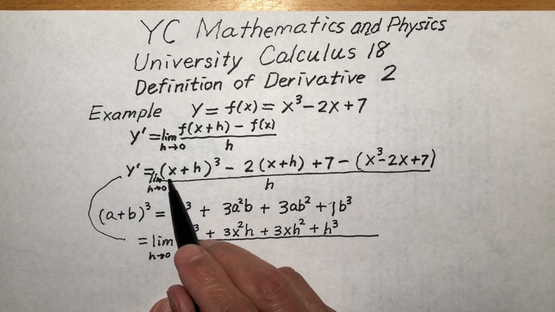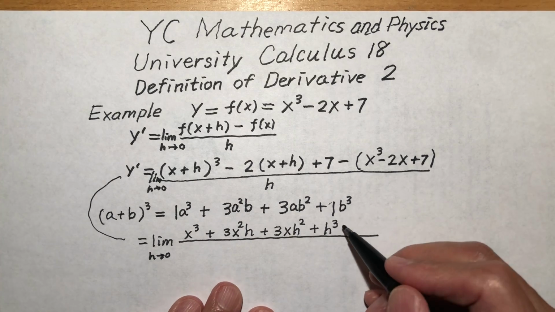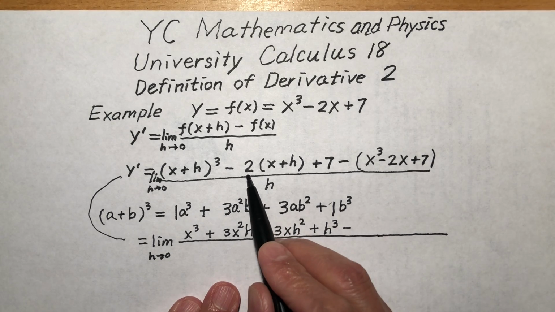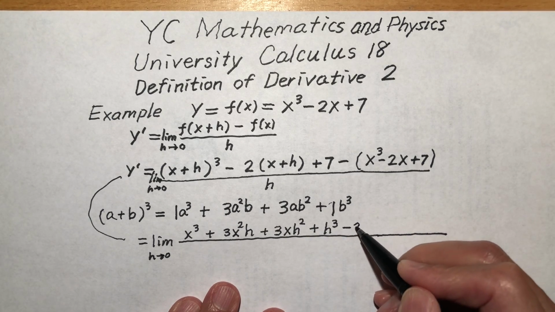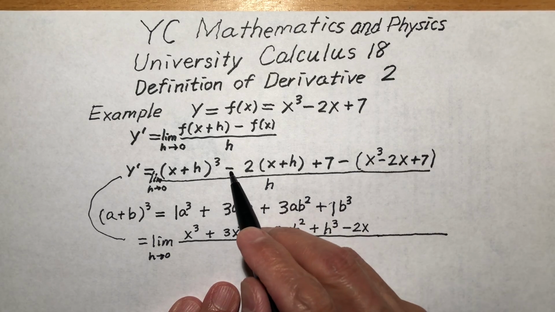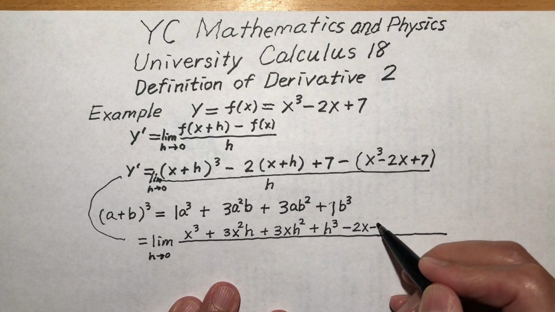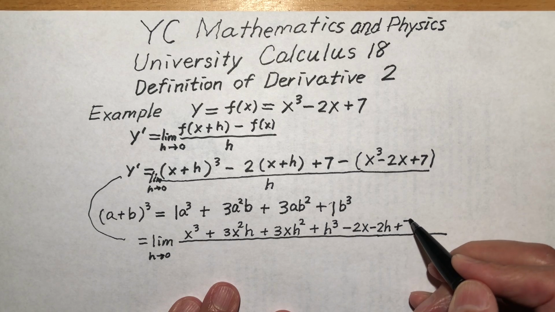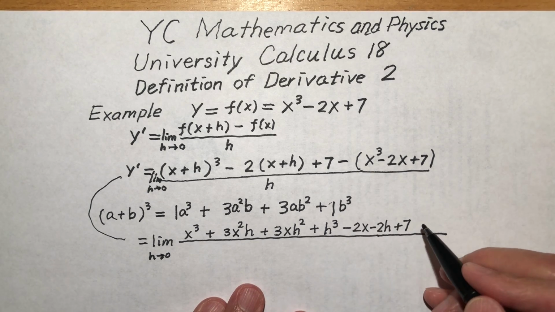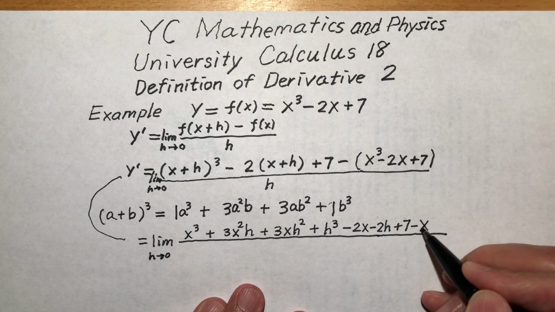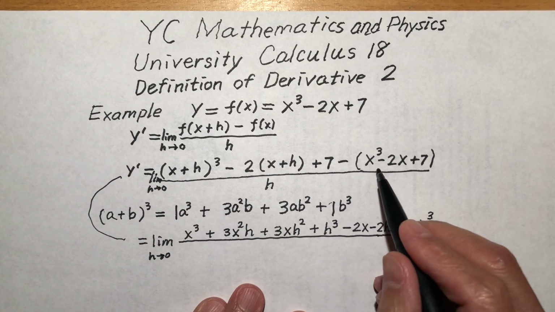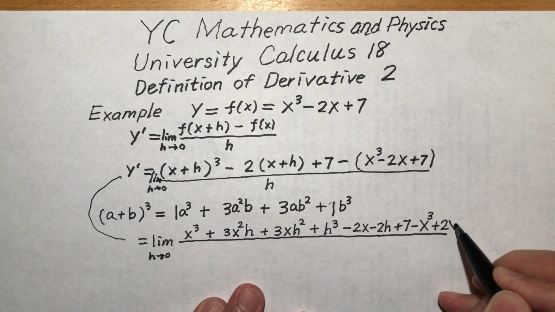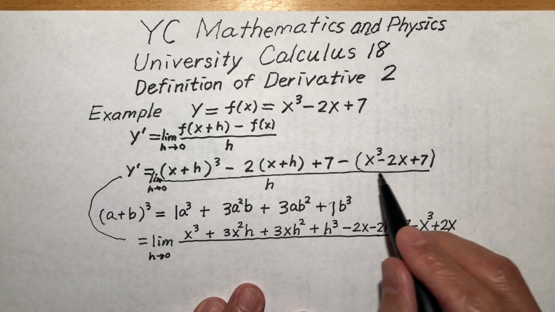So this is x plus h cubed minus, let me extend the fraction line, minus 2x minus 2h plus 7 minus x cubed, minus minus is plus 2x, minus plus is minus 7.